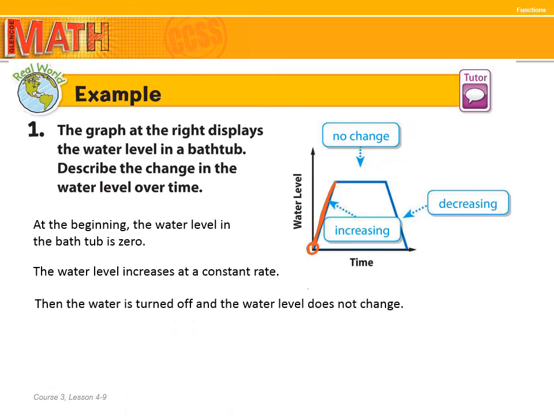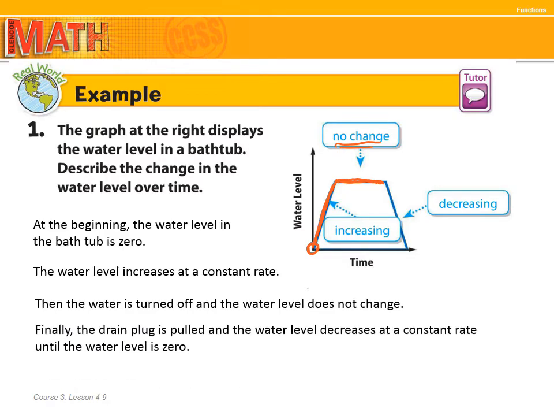Then the water is turned off, and the water level does not change. It stays the same. Finally, the drain plug is pulled and the water level decreases at a constant rate until the water level is 0 again.